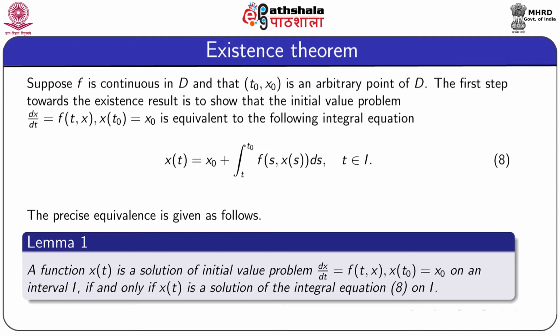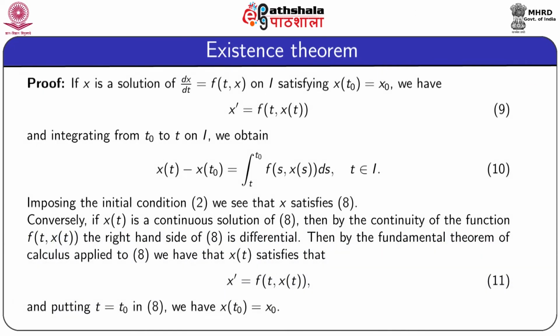We now prove lemma 1, which says a function x t is a solution of the initial value problem dx/dt equal to f, x t 0 equal to x 0 on an interval I, if and only if x t is a solution of the integral equation 8 on I. So, the proof goes like this: if x is a solution of dx/dt equal to f on I satisfying x t 0 equal to x 0, we have dx/dt equal to f, given by equation number 9.